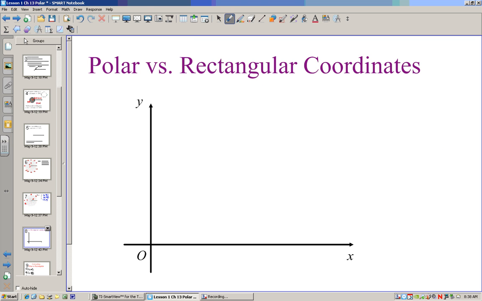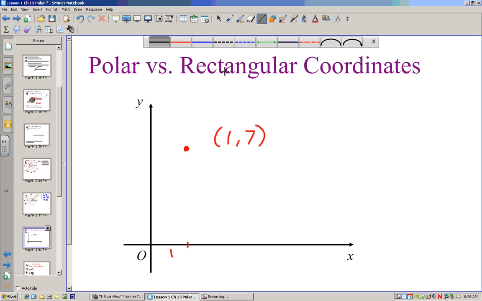Now, polar versus rectangular coordinates. If I have a point, let's find the point (1, 7). That means I go to the right 1, up 7, and that's my point (1, 7).